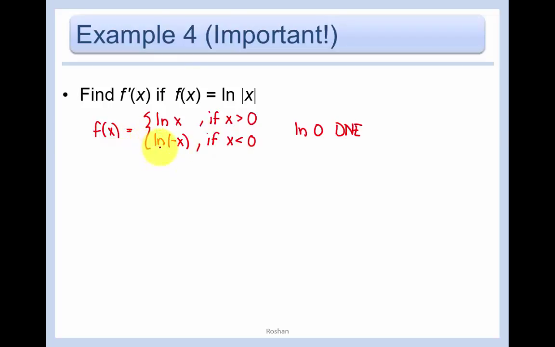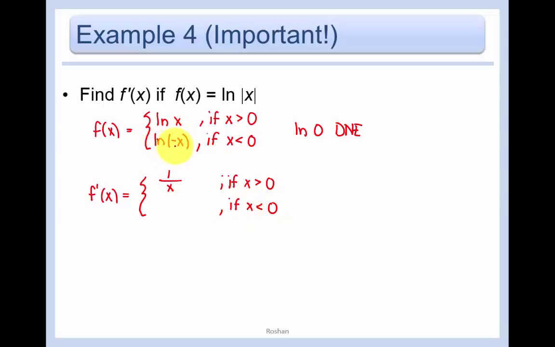Now that we've split it into a piecewise function, it's much easier to go ahead and just take this derivative. So let's do this for if x is greater than 0 first. So the derivative of ln x we know is just 1 over x. Nice and easy. What about if x is less than 0?